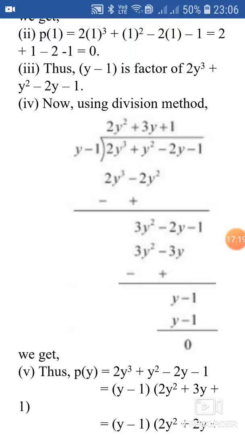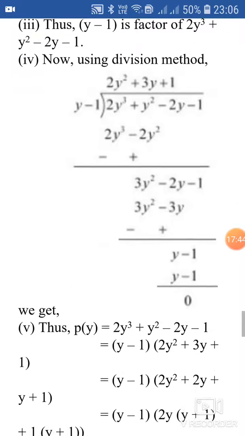So 3y multiplied by y becomes 3y square. Again 3y multiplied by minus 1 becomes minus 3y. Change the signs. So we simplify. The first term gets cancelled. In the second, minus 2y plus 3y becomes y. And the last term comes down, minus 1. Then we have to multiply by 1. It becomes y minus 1. Change the sign and it becomes 0.